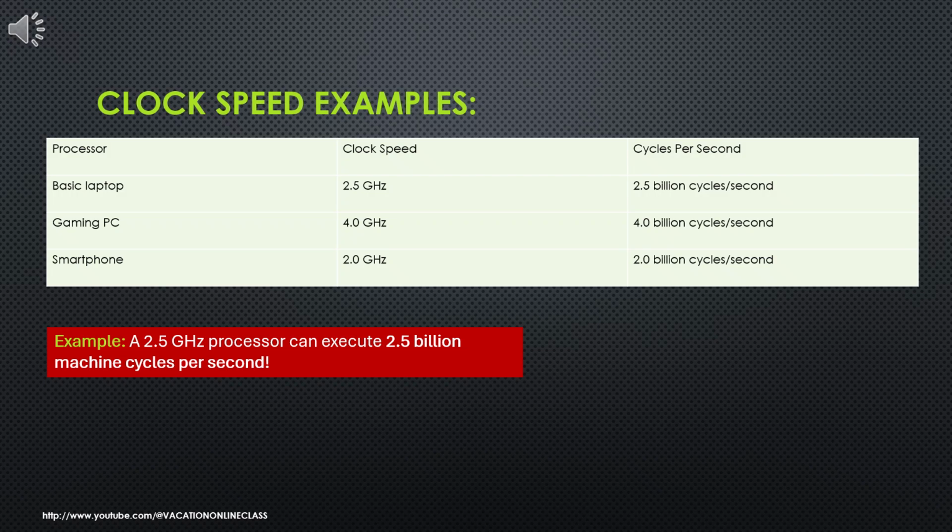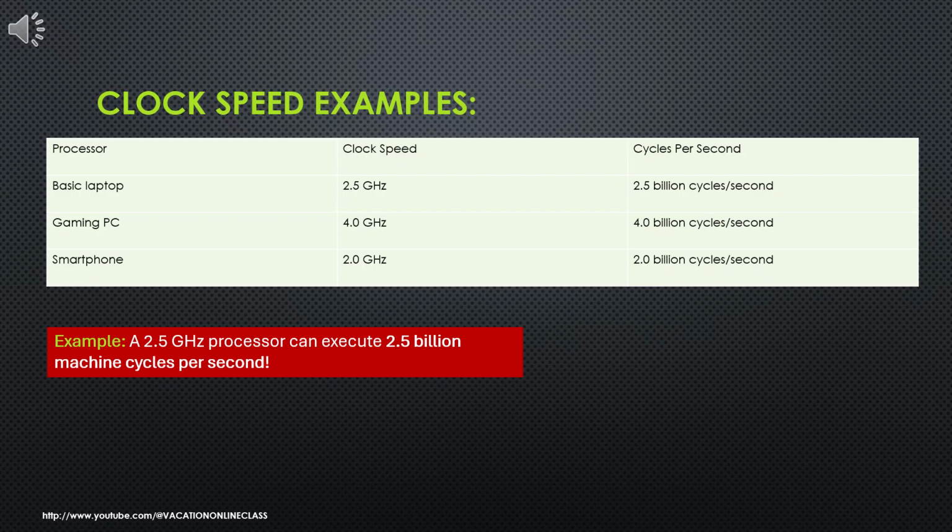The key takeaway is simple: 1 gigahertz equals 1 billion cycles per second. As you can see with our basic laptop, a 2.5 gigahertz processor runs 2.5 billion machine cycles every second. A smartphone running at 2.0 gigahertz is slightly slower at 2.0 billion cycles per second.